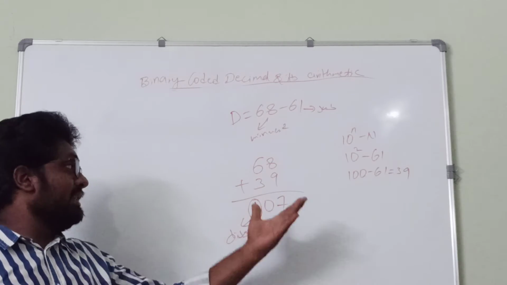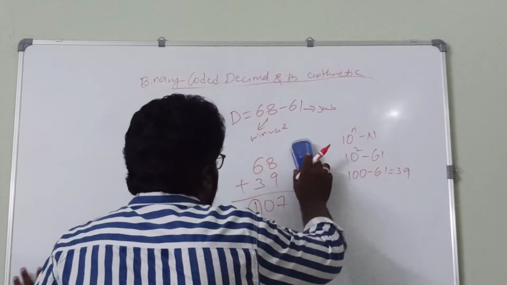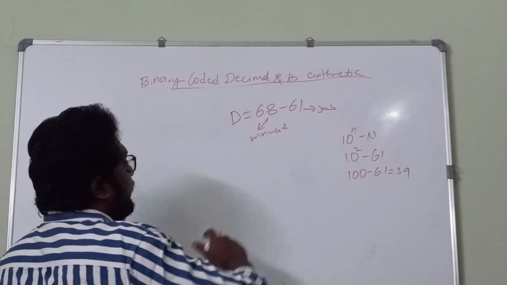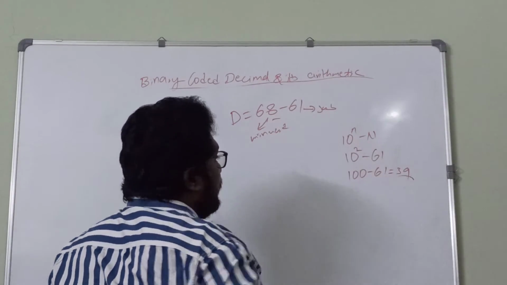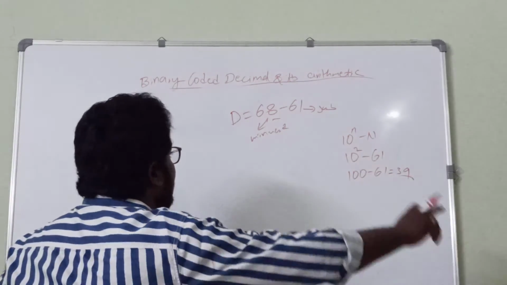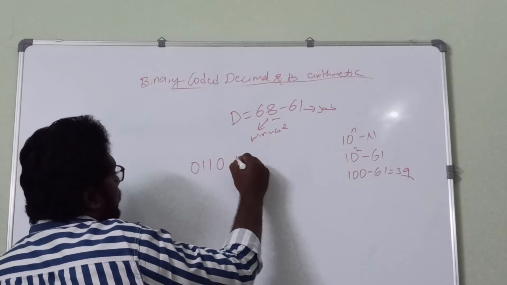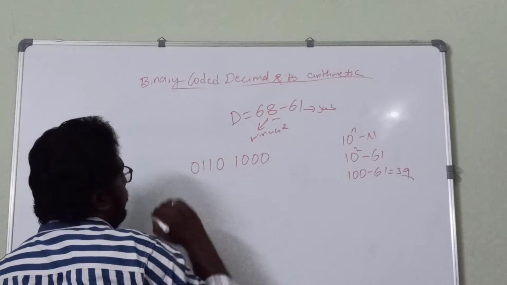Let us see how we perform it by using the BCD numbers, right? We got the minuend value, and also the tens complement representation for the subtrahend value. The minuend value is represented as 0110 1000.